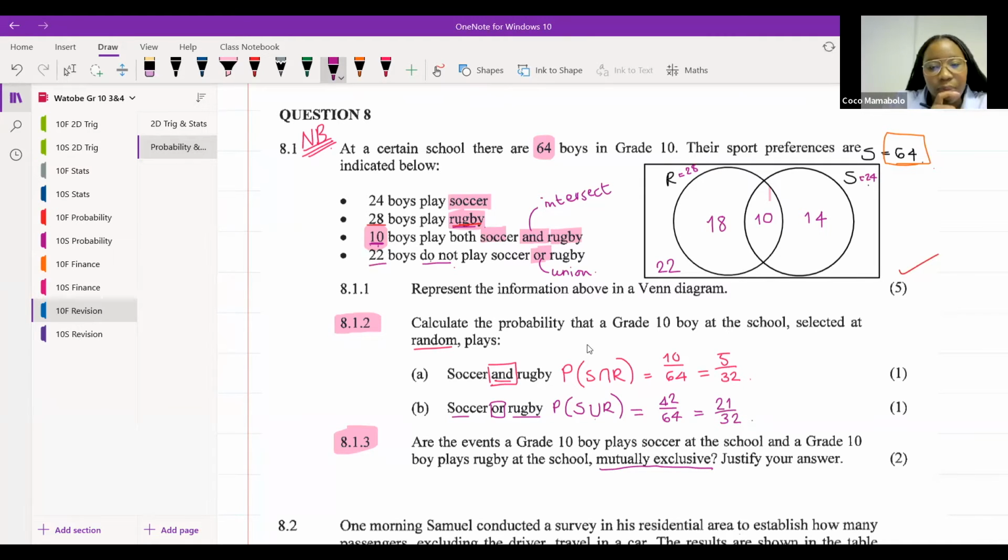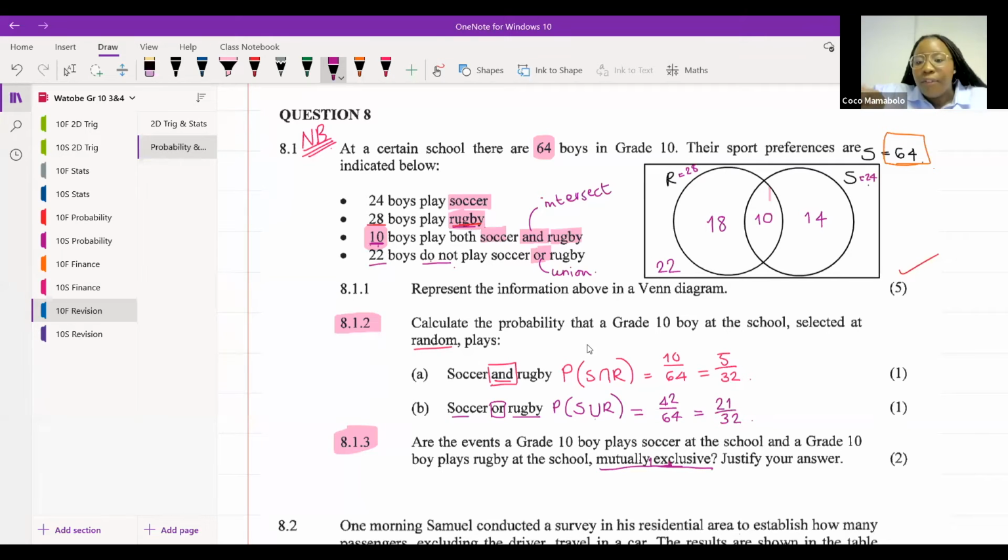Okay, why do we say yes? Ma'am, I think because there's something in common. Okay, but remember, exclusive. What does exclusive mean? Even if we just look at the word, ma'am, exclusive, like separate. They're separate, exactly.